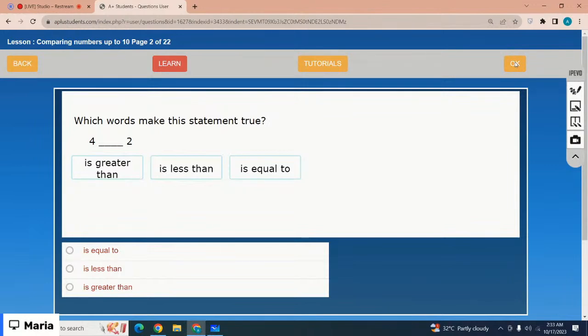That means 4 is greater than 2. The correct option is, very good, 4 is greater than 2.